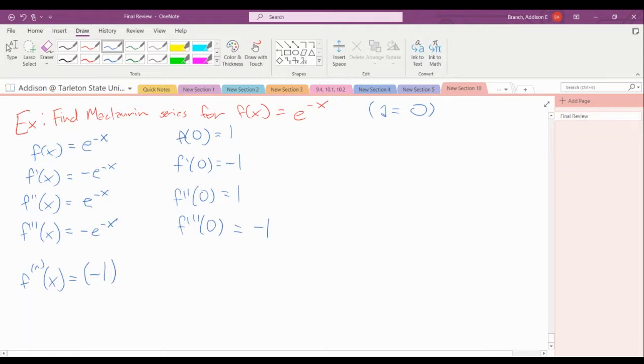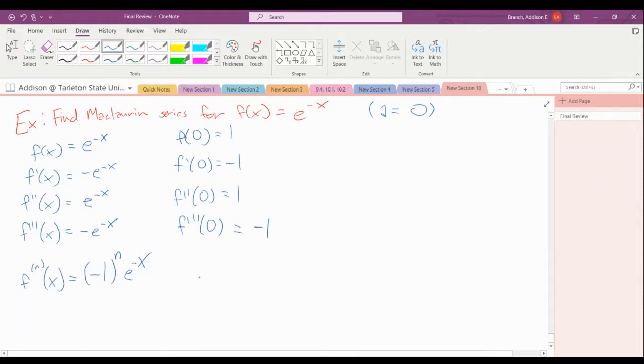We know we're starting off positive when n is 0, so negative 1 to the n, because negative 1 to the 0 would be positive 1, and that matches, times e to the negative x, since that's the other piece we always keep.